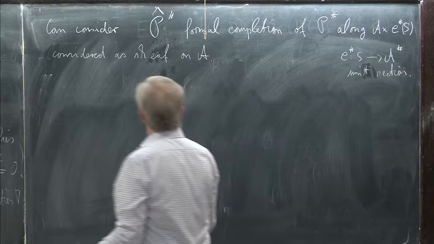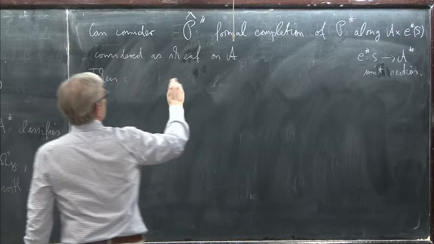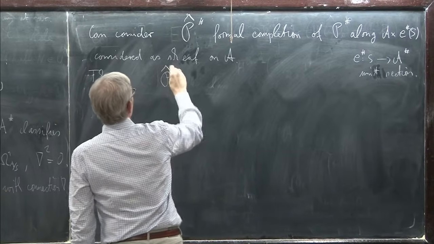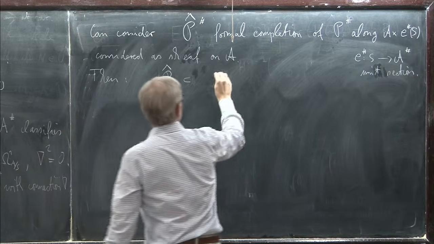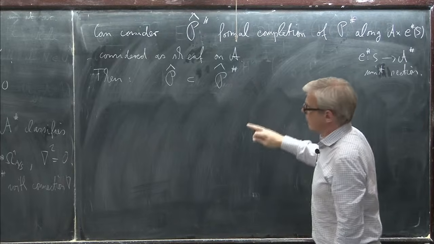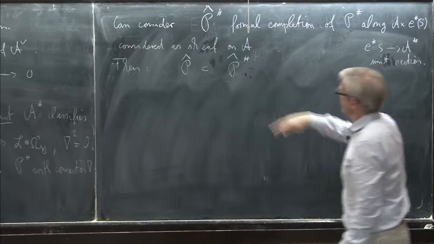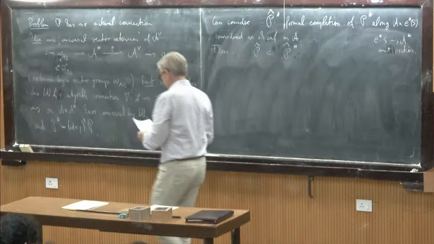Okay, so then one checks that this P hat just sits inside this P sharp. So the cohomology classes we had, we can extend them simply to the sheaf, and then we can take the derivative.